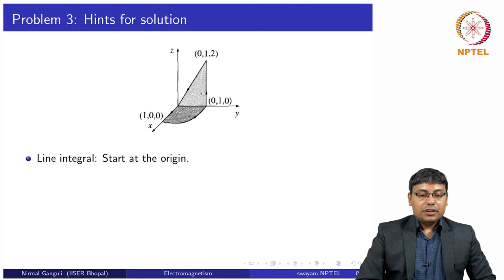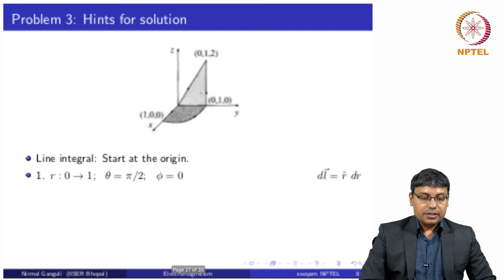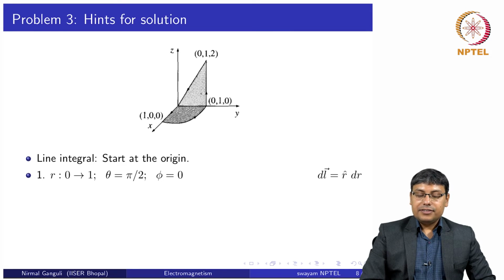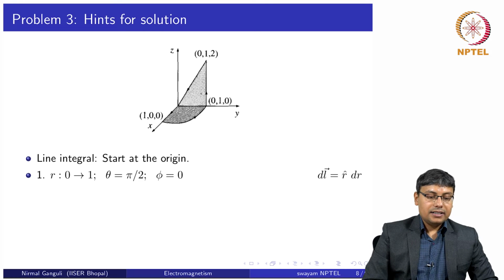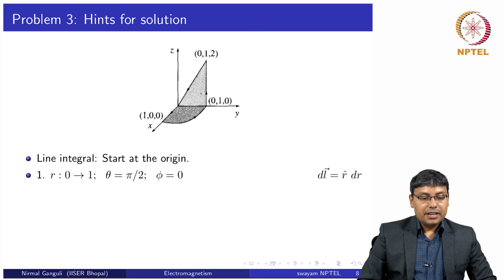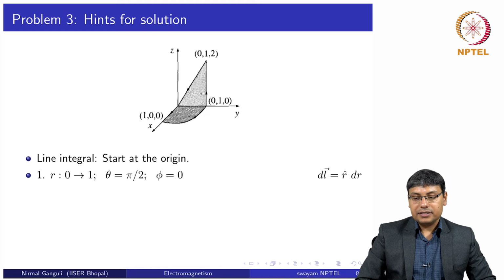Okay, so if we want to perform the line integral, we can start at the origin, and the first thing we note is that r on the first line segment ranges from 0 to 1, theta is fixed, that is pi by 2, and phi is 0.